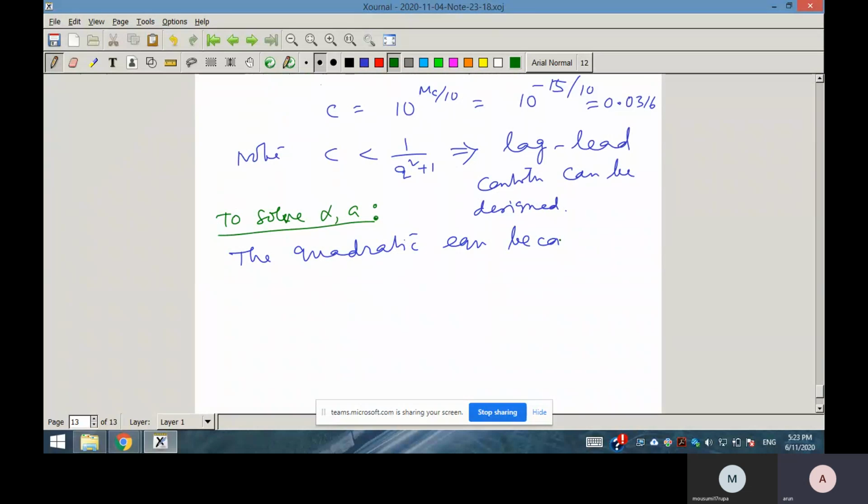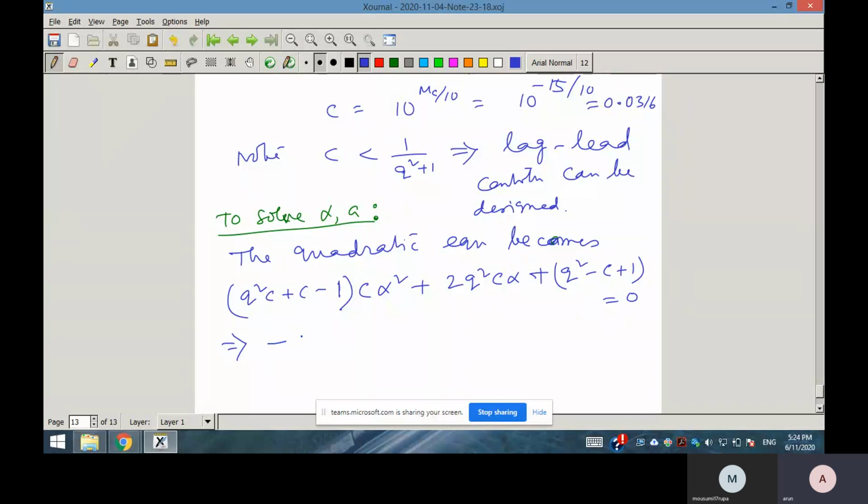So the quadratic equation becomes q square c plus c minus 1 into c alpha square plus 2q square c into alpha plus q square minus c plus 1, equal to 0. If you put all the values of c and q as shown above, then it will come out like this: minus 0.0282898. Please check all these calculations.